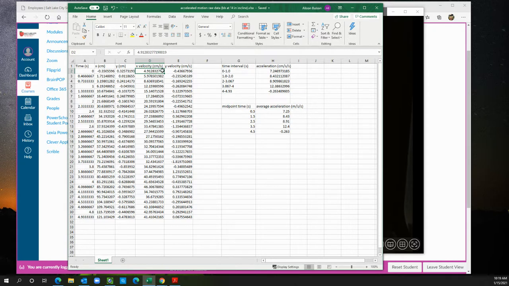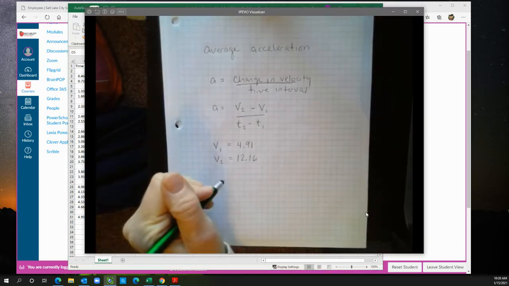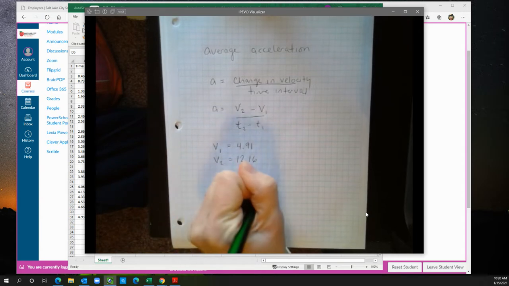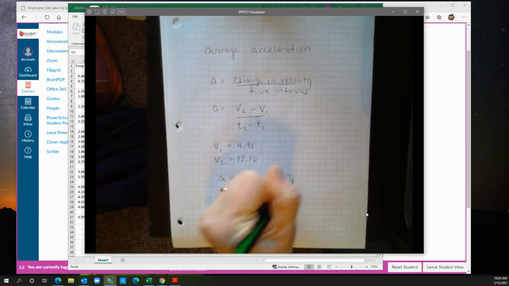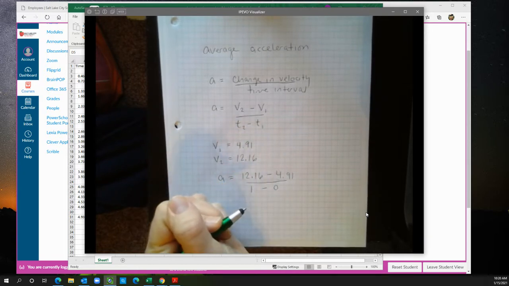So at 0 seconds, I have a velocity of 4.9123827. So I'll say V1 is equal to, let's just round to 3 digits, 4.91. And then at 1 second, the velocity is 12.16. So V2 is 12.16. And so acceleration is V2 minus V1 divided by T2, 1 second, minus T1, 0.